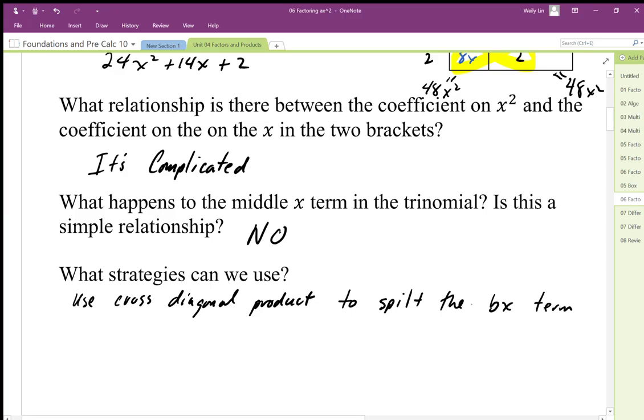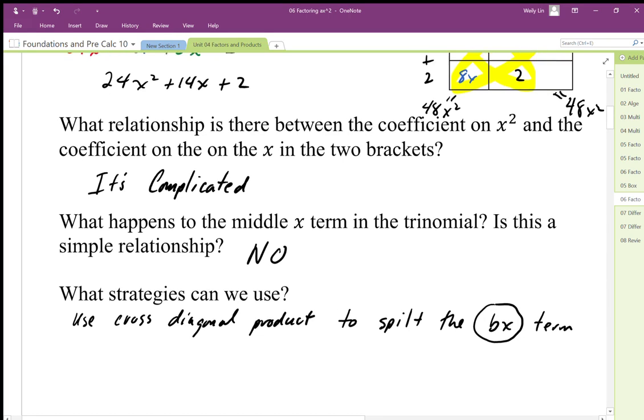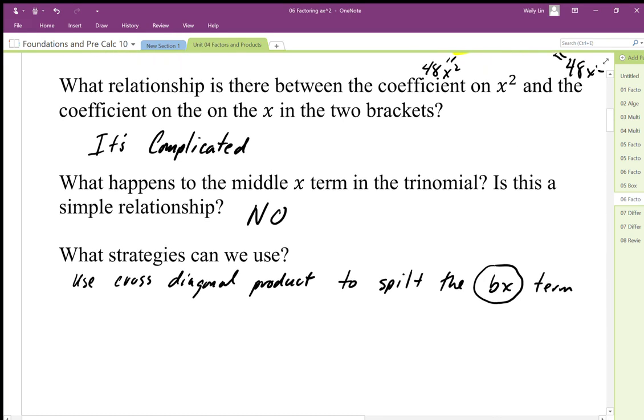Okay, this is a key. So how do we split up the bx? How do we split up the 14 up here if we're going to unmultiply this or factor this? Okay, so that's going to be very important. And pretty much every strategy that we have, and we're going to see something called decomposition as well, essentially uses a proper principle that we want to know how to split the middle term.